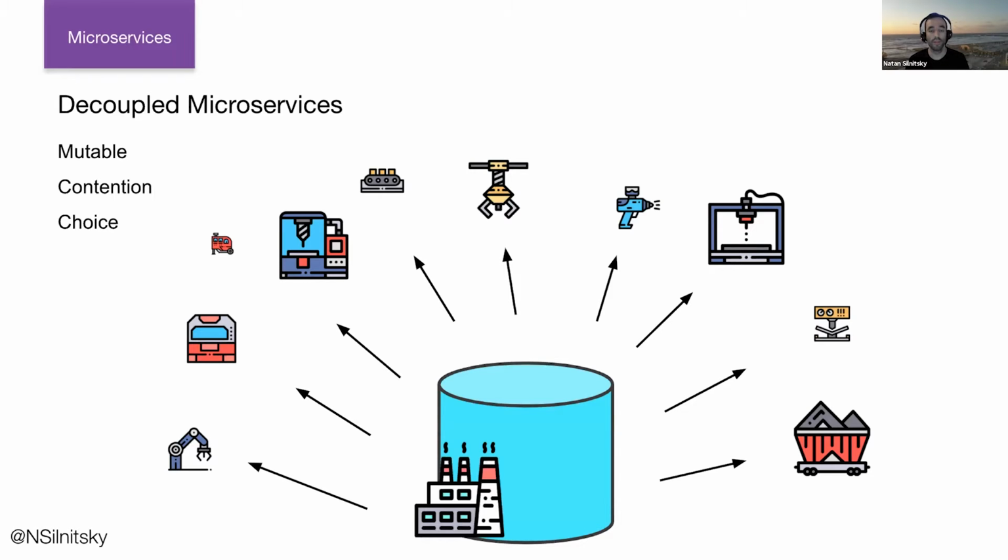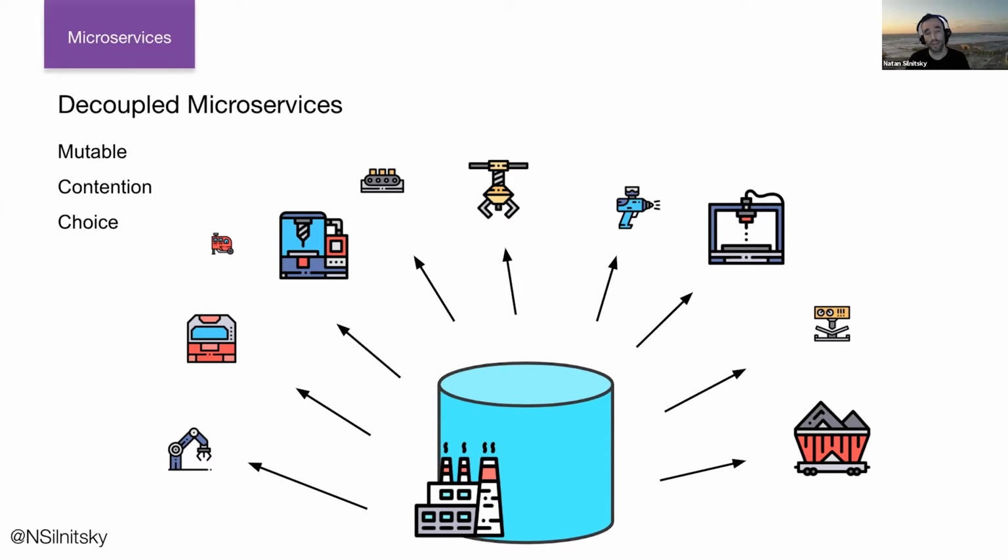Now, if we have one big shared database among these services, then we probably have mutable state that is shared, which is bad because there could be a lot of simultaneous work that can perhaps cause data corruption. And there could be a lot of contention for the same database instances.